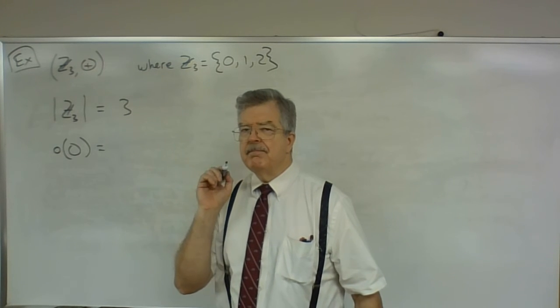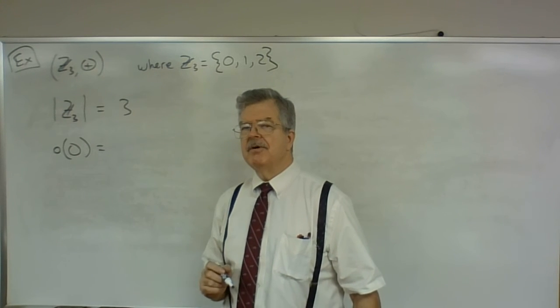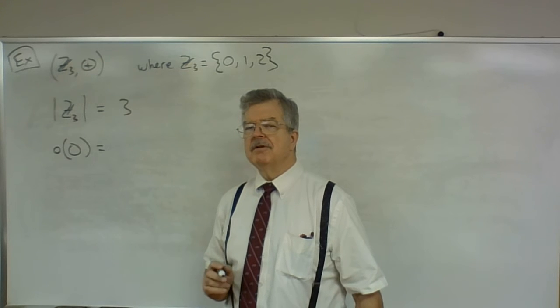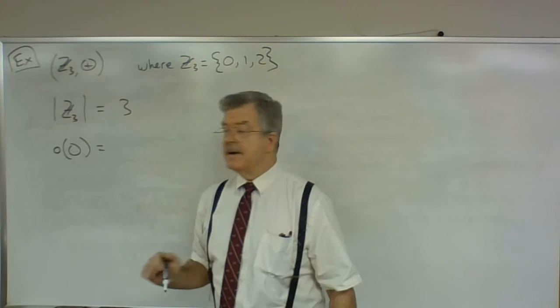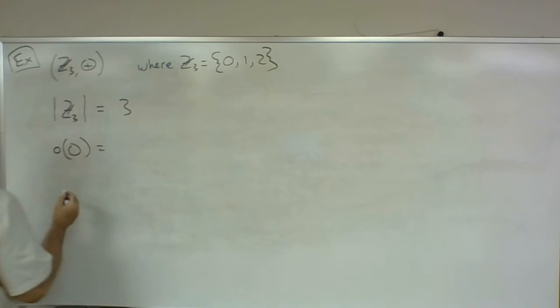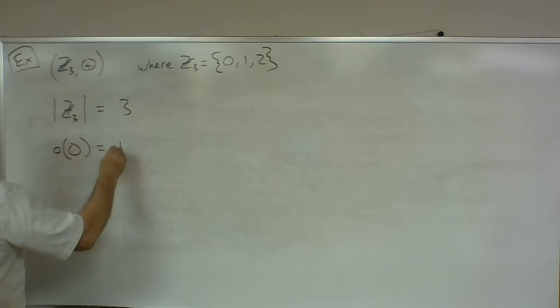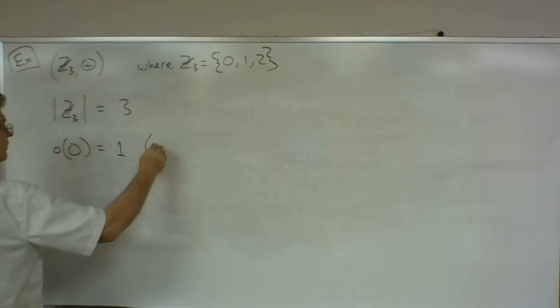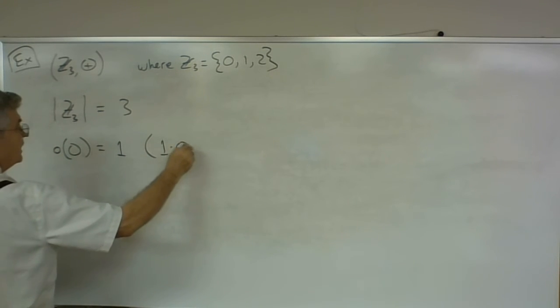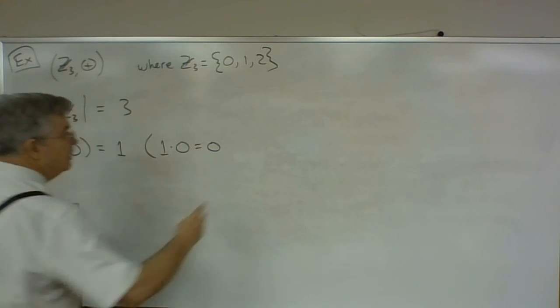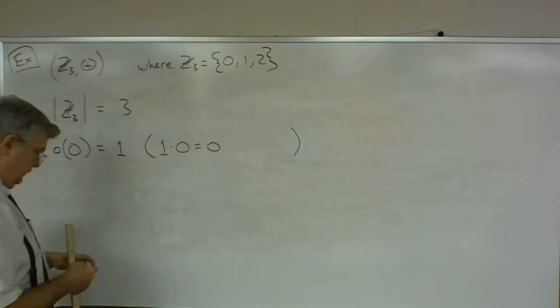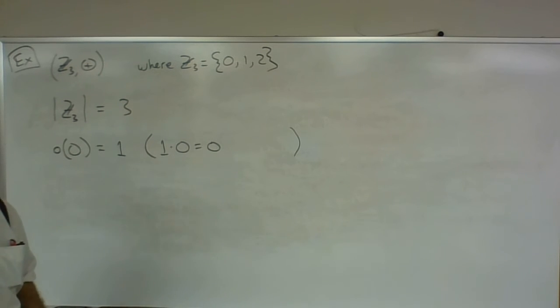Isn't the smallest positive natural number that we can multiply 0 by and get itself, the identity, 1? And here's our reason. 1 times 0 equals 0. And here, 0 is the identity.